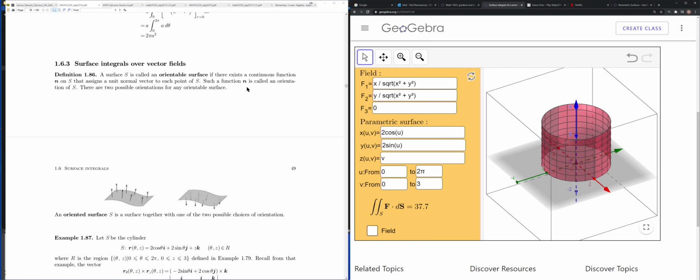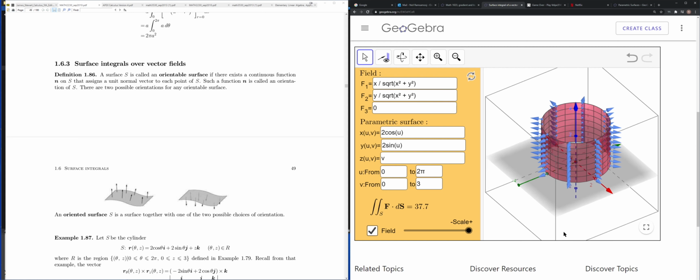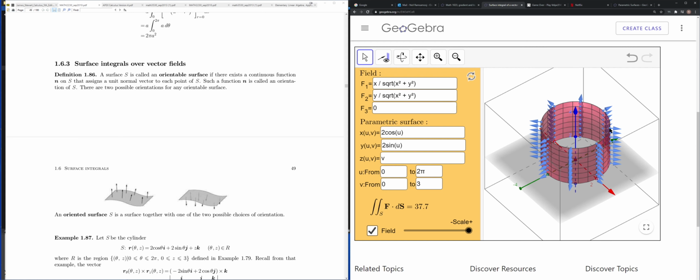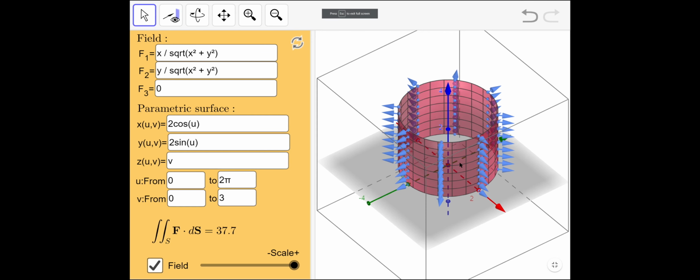If such a function exists, then it's called an orientation of your surface S, and you have two possible orientations for any orientable surface. So it's the function n that's going to assign a unit normal vector at each point. So that's going to be a small n.